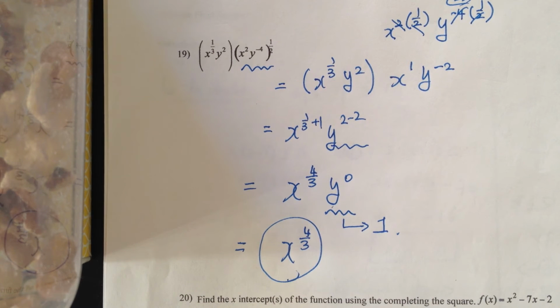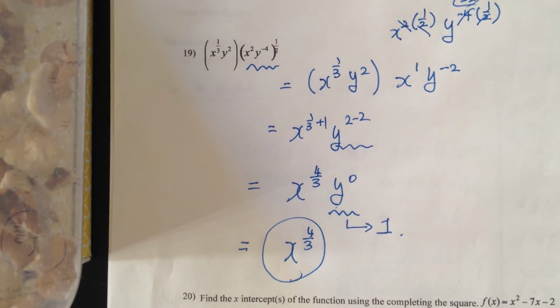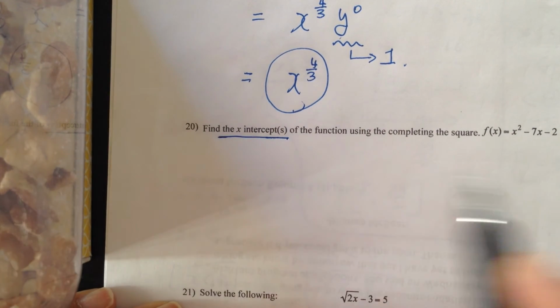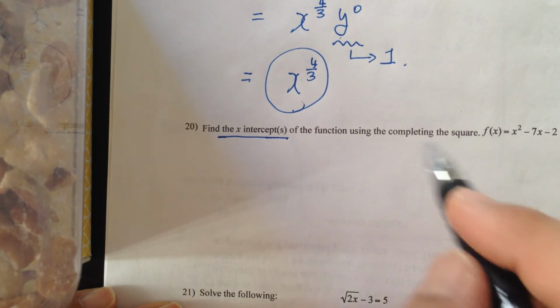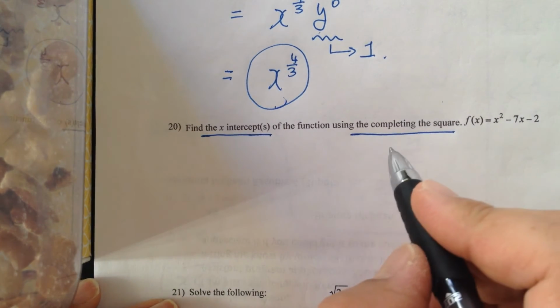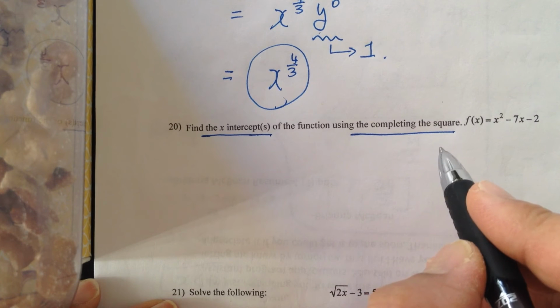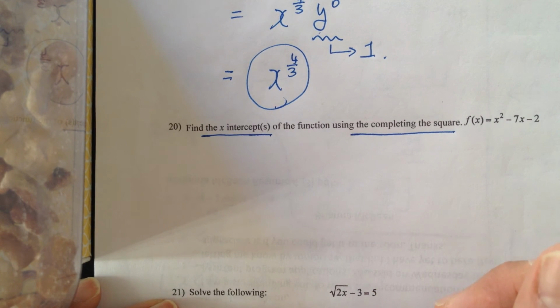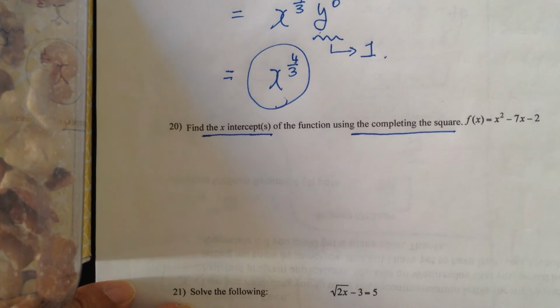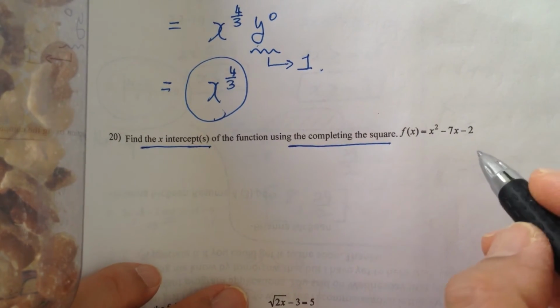Okay. We have to find the x-intercepts by using the completing the square. So how do we do completing the square? I'm going to change the problem here so that it's a bit easier in your end.